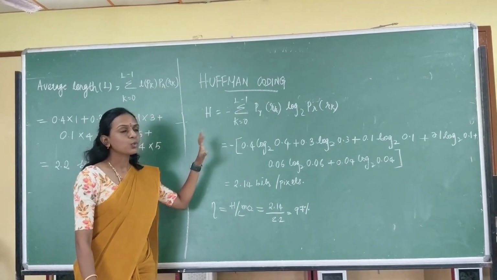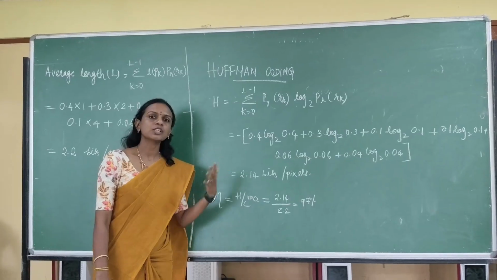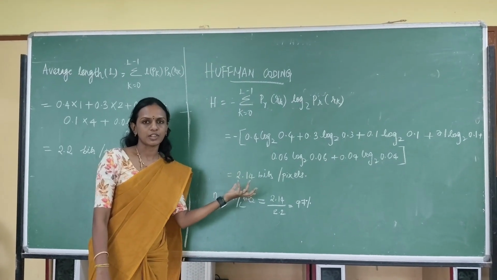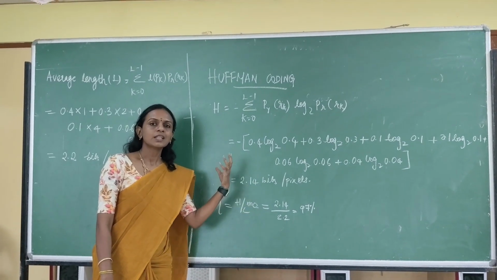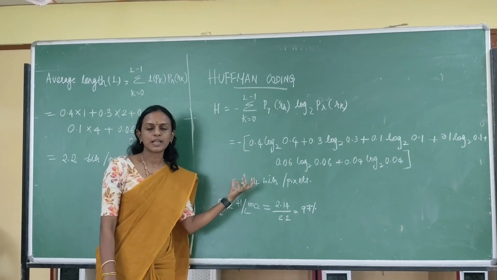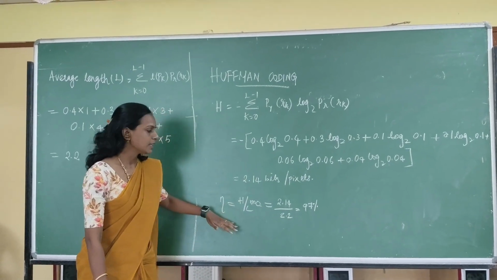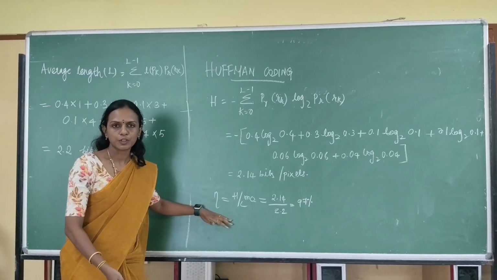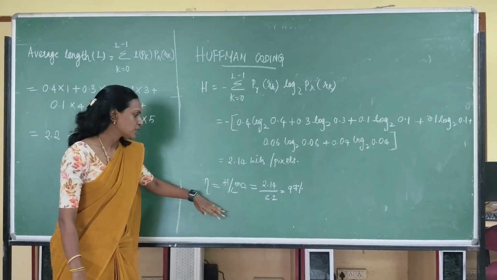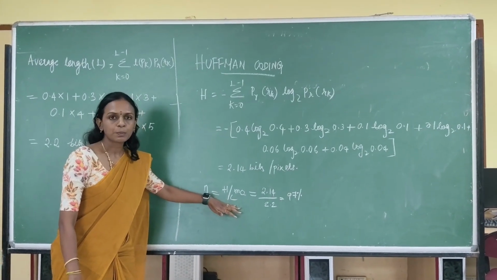And then, to understand the efficiency: for us it is a compression technique that we are trying to do over here, which means that the efficiency of the compression technique is what matters. So we are going to calculate the efficiency for the code words that we have derived. To calculate the efficiency, we divide the entropy by the average length.